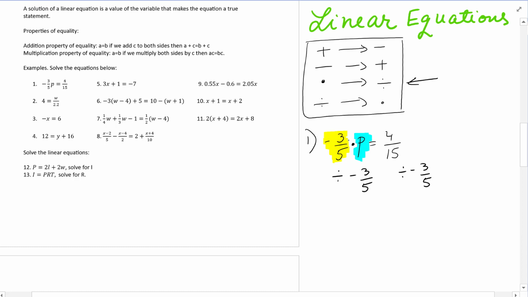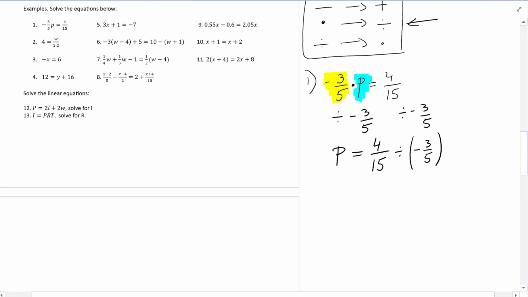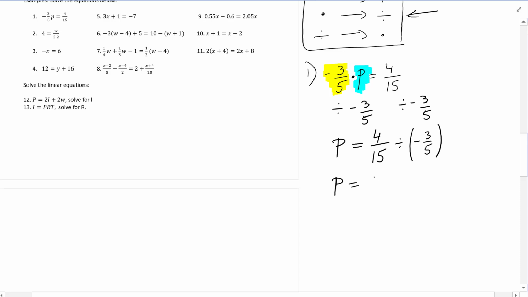So negative 3 over 5 divided by negative 3 over 5 is 1. So we get p on the left side, equals 4 over 15 divided by negative 3 over 5. And I hope you remember that to divide fractions means to keep the first fraction and to multiply by the reciprocal of the second fraction, which is negative 5 over 3.